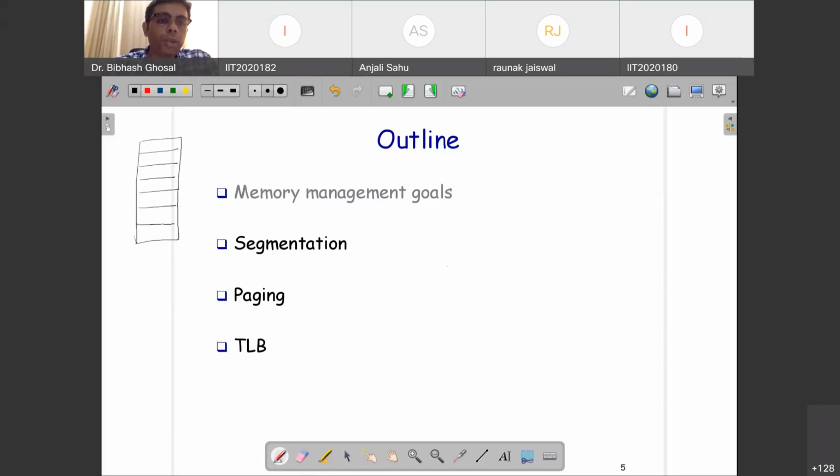For each block one particular process is allowed. And in addition to that, you have the OS. So this is the concept that came up. And the number of processes that are currently held in memory is called the degree of multiprogramming.